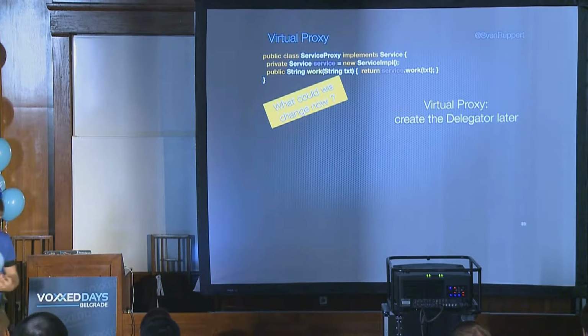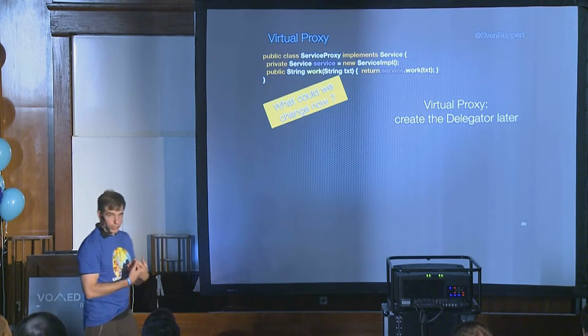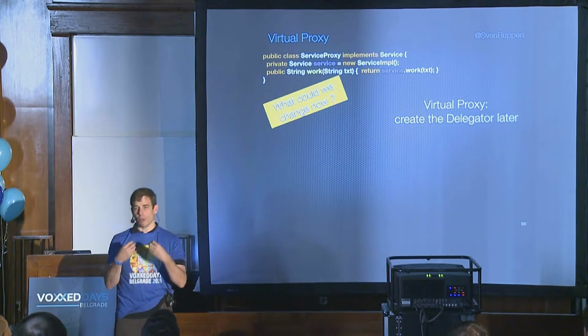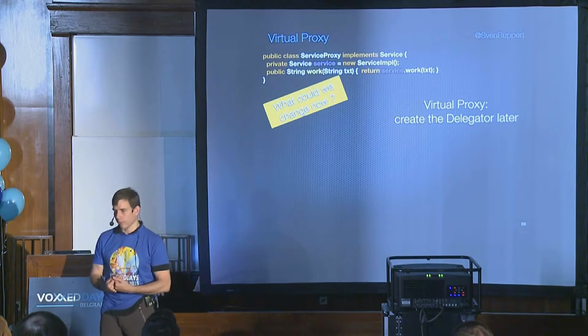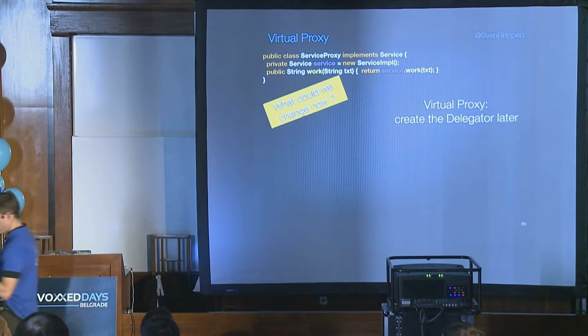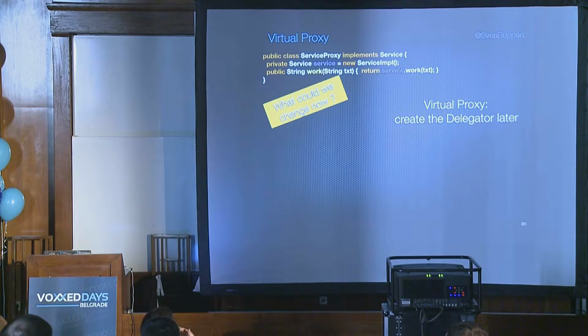This means you have something you can work on, but only if you invoke the first method, the instance will be created. So you have the possibility to write a lightweight proxy, and the heavyweight implementation will be created only if you are invoking one method. If never, you're never using these resources.